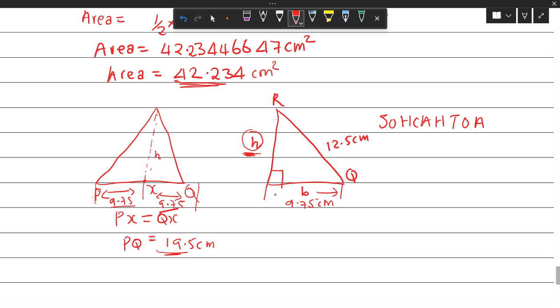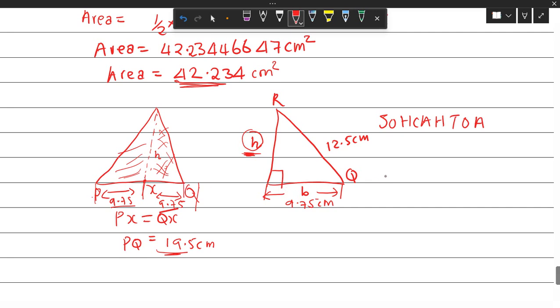So how did I get 9.75? I divided the total distance, which is perpendicular to this shortcut, by 2, since it's separating the two triangles. So we have two triangles, this triangle and this one, and they have equal bases.